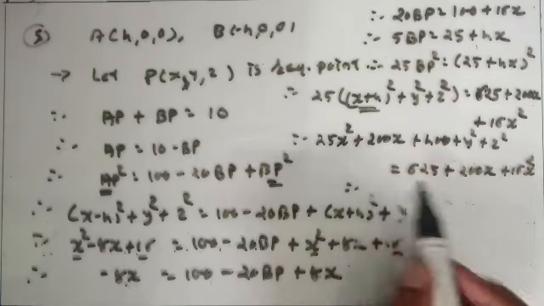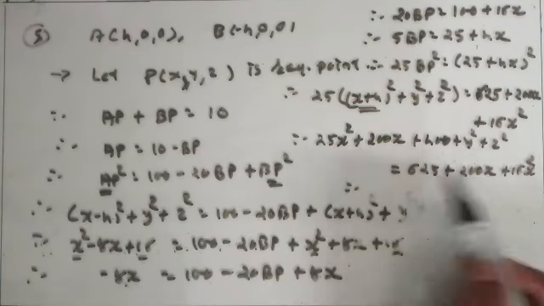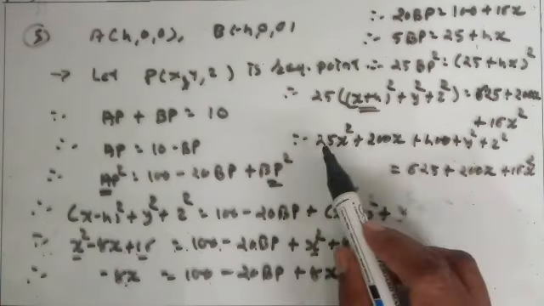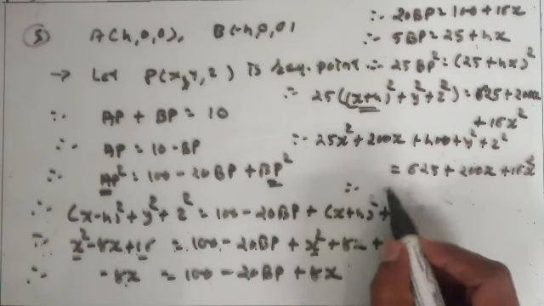Now simplify this. Taking all terms to this side, 25x square minus 16x square becomes 9x square.